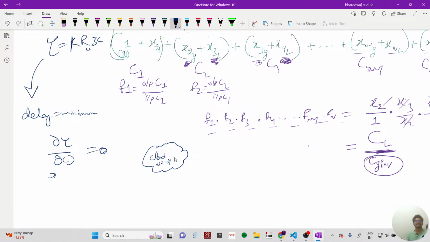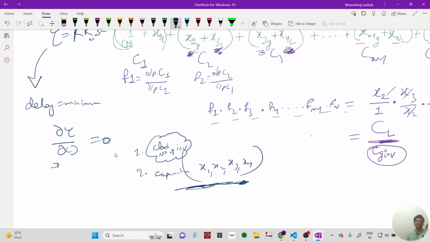I want to know the number of inverters, and I want to know about the capacitances, like sizes x1, x2, x3, x4. One is the number of inverters and one is the sizes of each and every inverter.